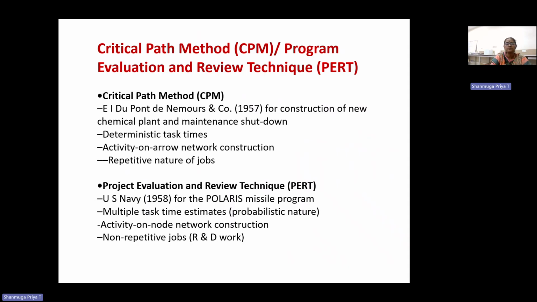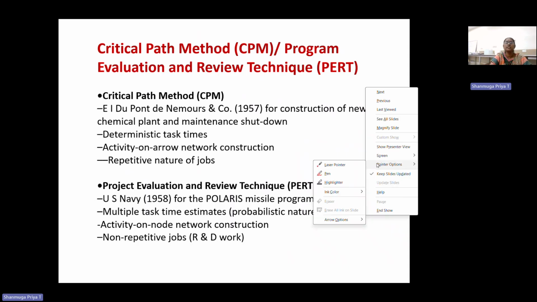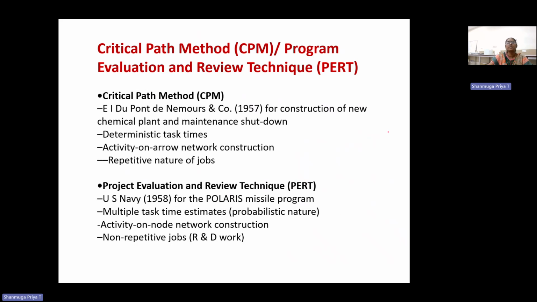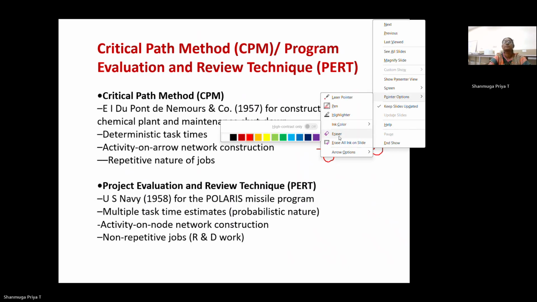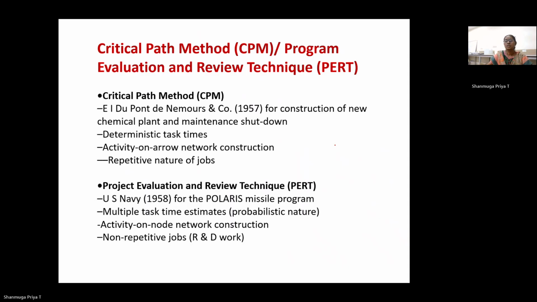For example, A is an activity which is represented between two nodes, node 1 and node 2. I have mentioned A here, and like this, each is one node only.